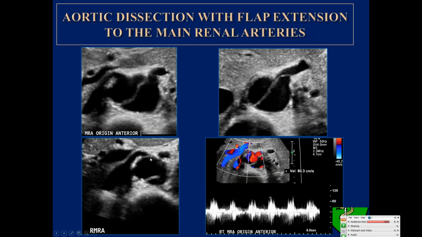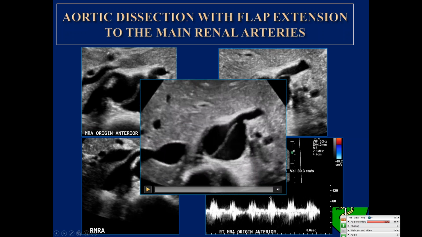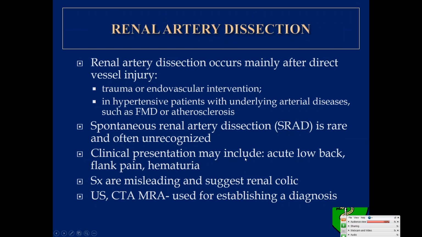Sometimes you may see to-and-fro flow within these vessels, probably because it's supplied by the false lumen. So you also want to assess the kidney and kidney perfusion in this kind of situation, and make sure that this patient is given good management for this problem.